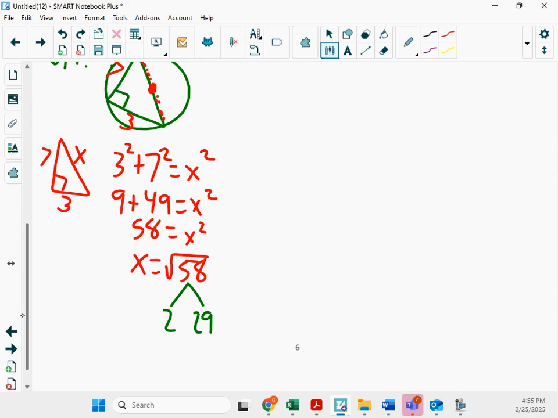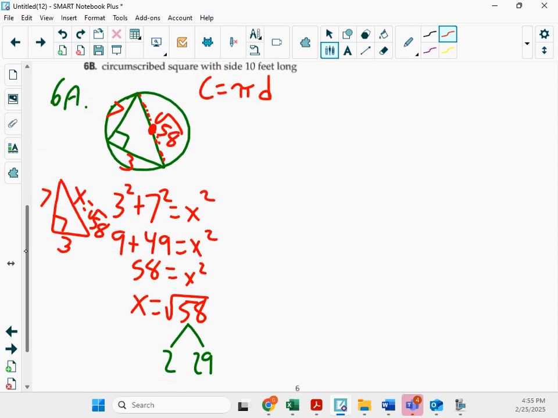Nope, that doesn't simplify. So square root 58 is my hypotenuse. So now the circumference equals pi times a diameter of square root 58. That's how we handle a problem like that. I find the diameter, plug it into the pi times diameter formula.